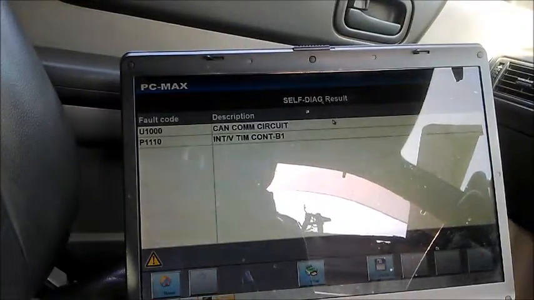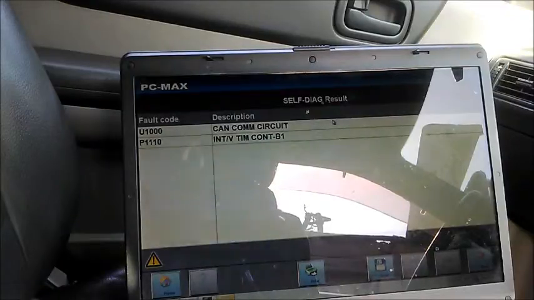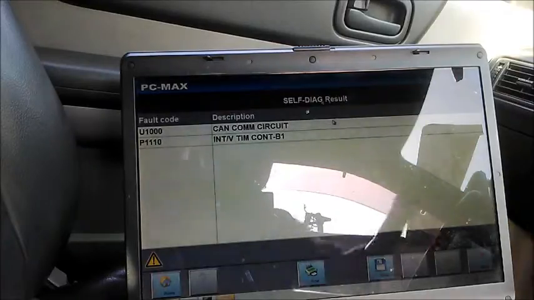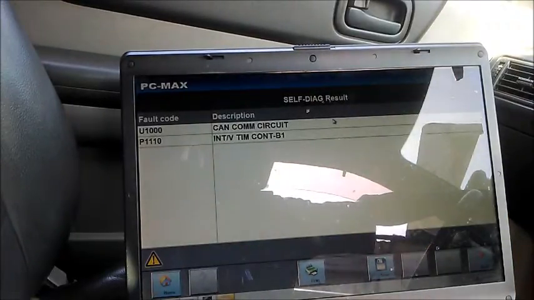And okay, 2 fault codes. One to do with CAN communications, 2 to do with P1110. I think that has to do with its variable valve timing mechanism on this engine.